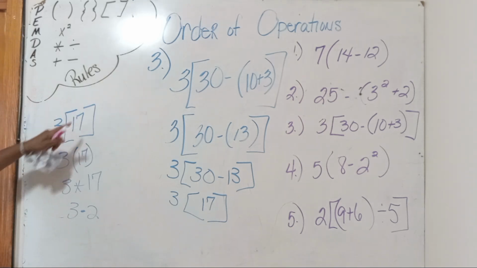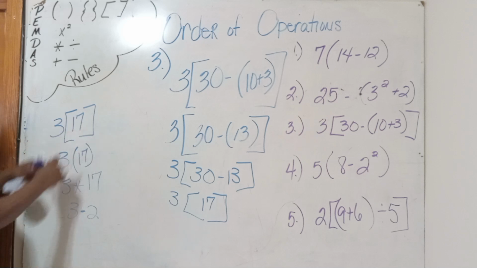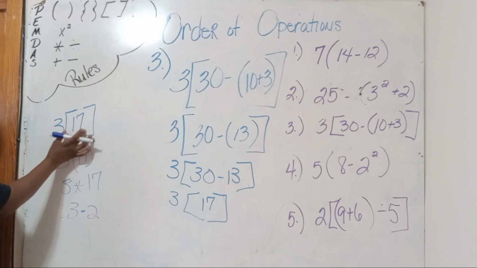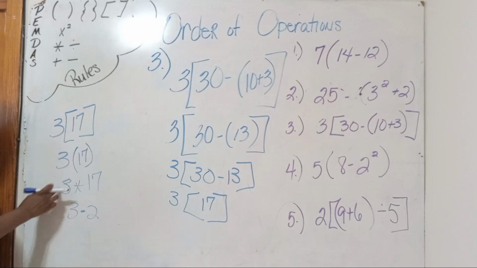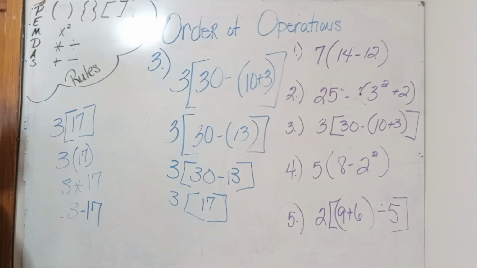When you see numbers touching parentheses, braces, or brackets, we're multiplying, okay? As long as there's no sign between. But this is 3 times 17. That 2 was just a mistake, guys. All of that is saying 3 times 17.